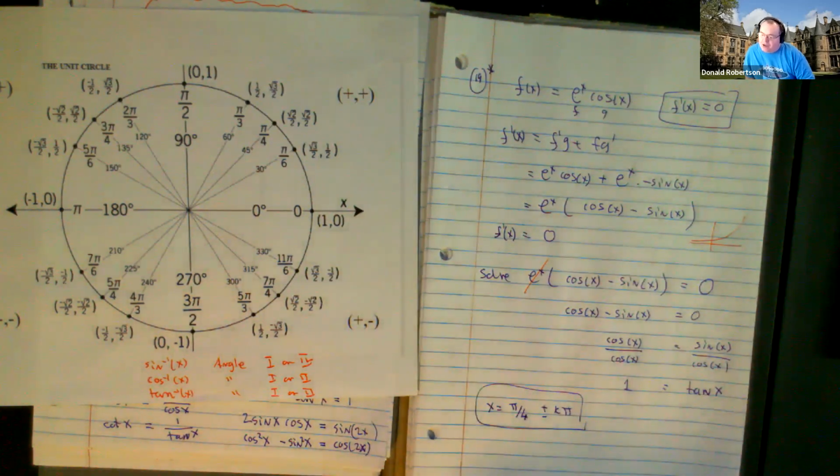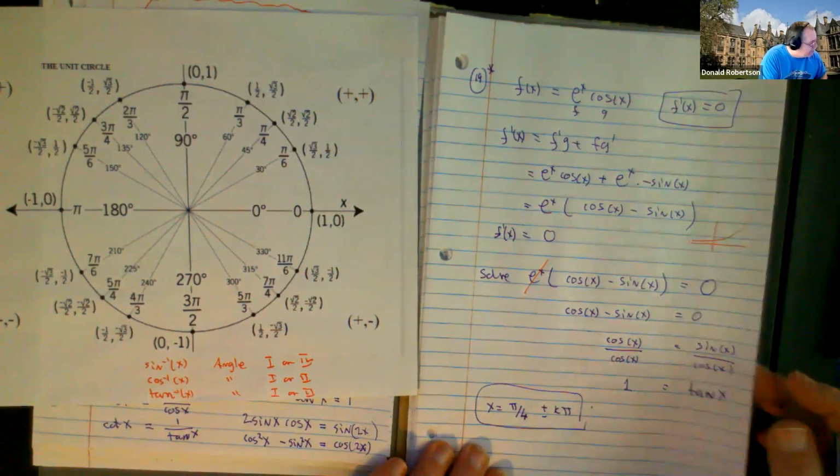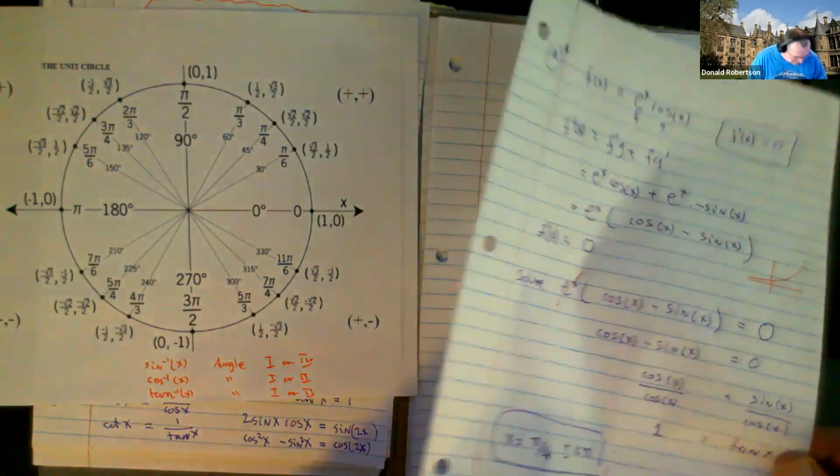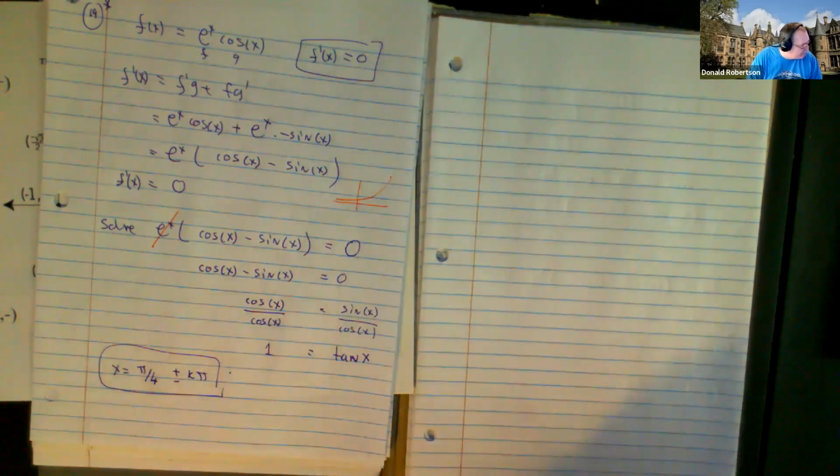When it's sine, don't you add 2 pi? So if it was a sine question, it'd be plus or minus 2 pi k, right? But when it's a tangent, the period is pi, so it's plus or minus pi k. So that's the answer to that one, because there isn't any variations. So everybody's question 9 looks like that.